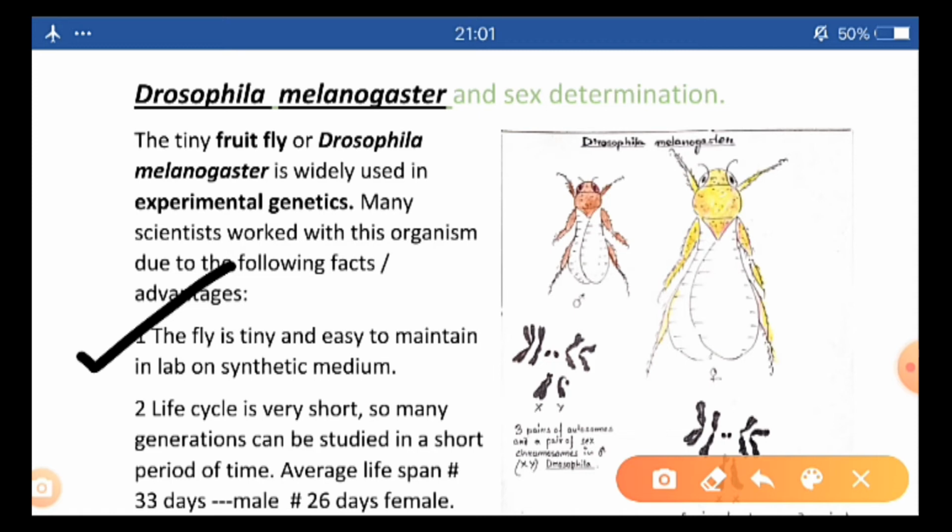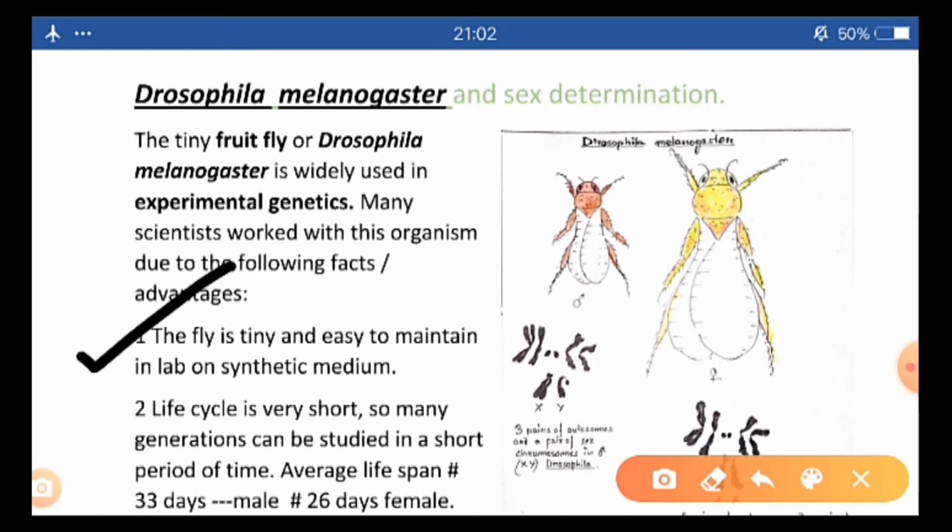These are not harmful, and we may culture them easily on synthetic medium in the lab. That is, we can easily culture them in the laboratory. This is the first advantage.